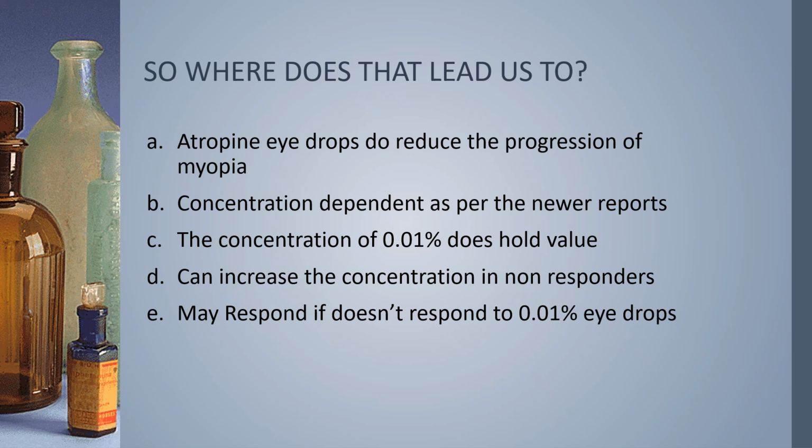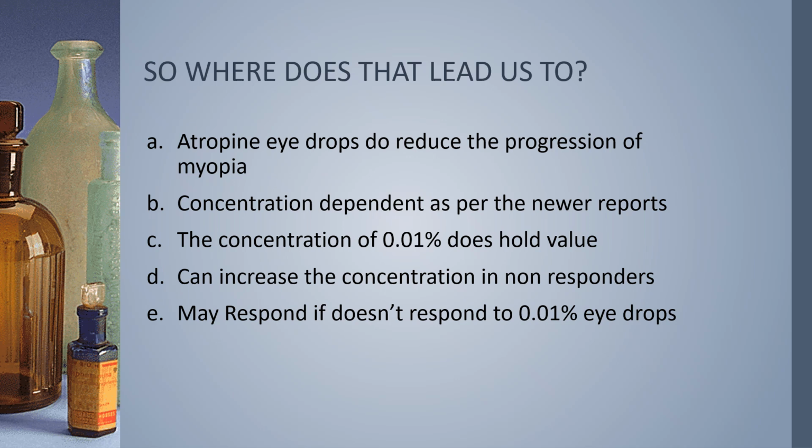The first and foremost thing is, at this point of time in our country, we only have 0.01% available. So the concentration of 0.01% at this point of time does hold value. That is the least invasive or least possible concentration of atropine available. Will the increase of concentration help in non-responders?